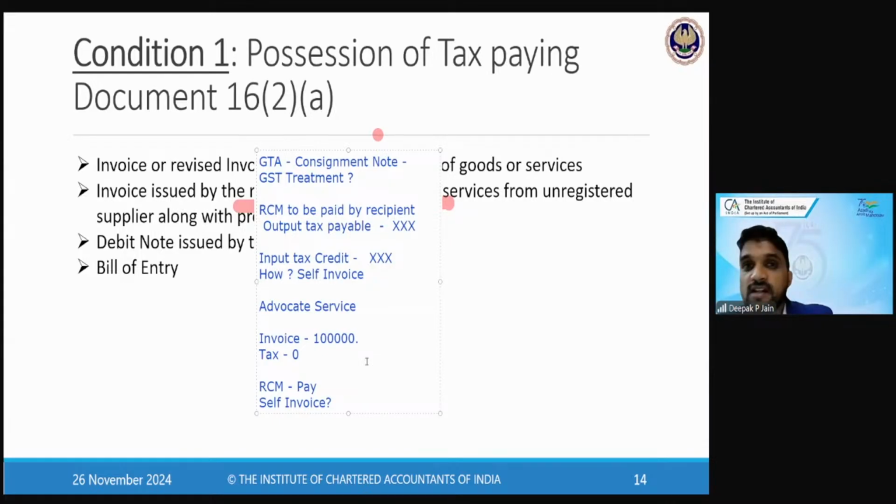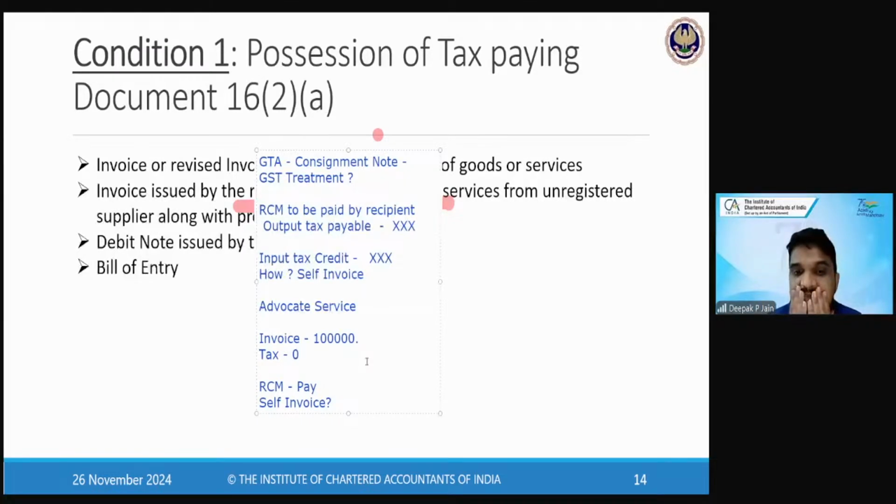There he will mention a column. In the GSTR1, a column appears: is the recipient liable to pay RCM? He has to select yes. Because the recipient, when he sees that information, knows that he has to pay RCM.